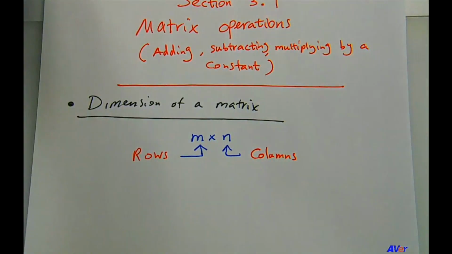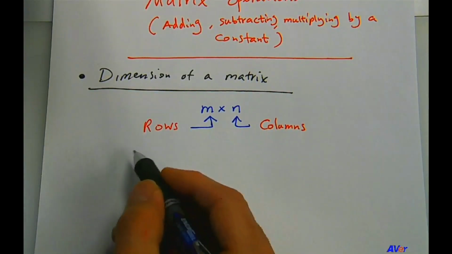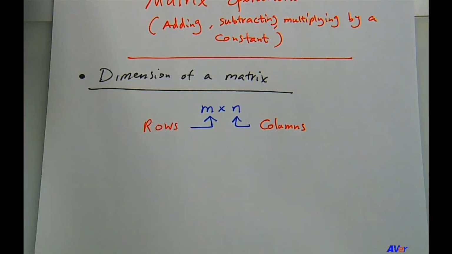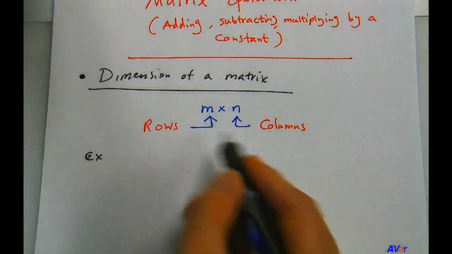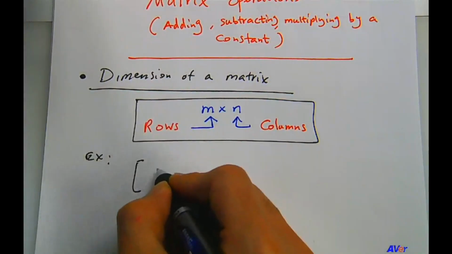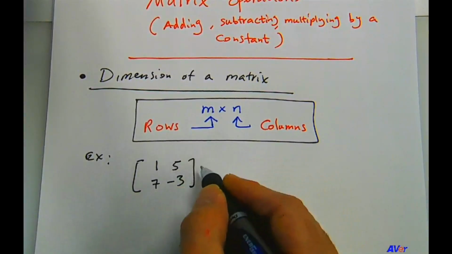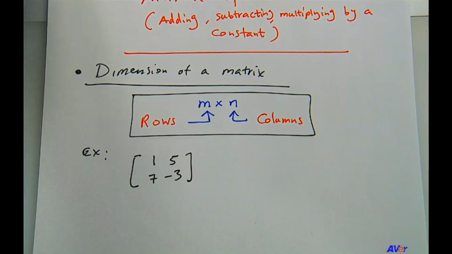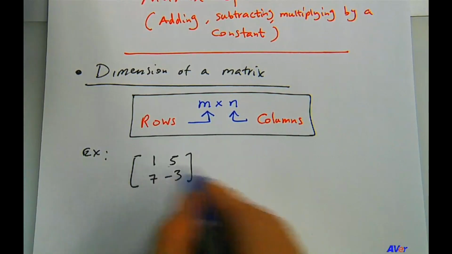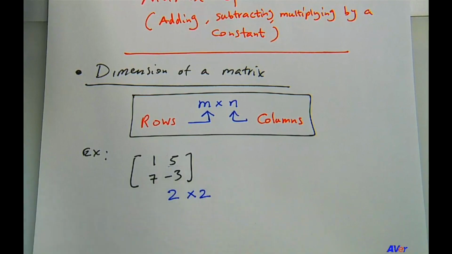So if you have a matrix that is like this, so let me box this. So if you have 1, 5, 7, negative 3, the dimension of this matrix: there are 2 rows and 2 columns. So 2 by 2. That's the dimension of that matrix.